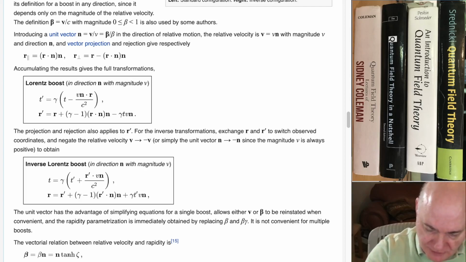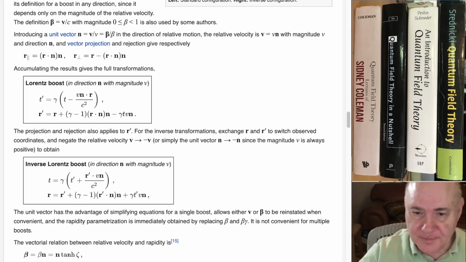But you can also derive this, if you're careful and you do it correctly, using parallel and perpendicular components. That is, you use the usual Lorentz equations for one dimension. I spelled that wrong. And you can get that as well.